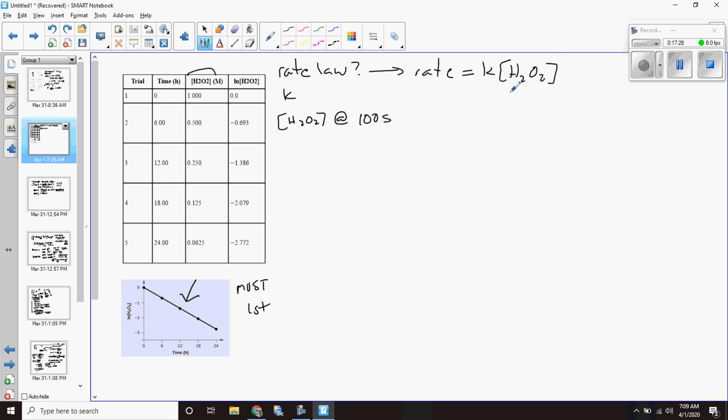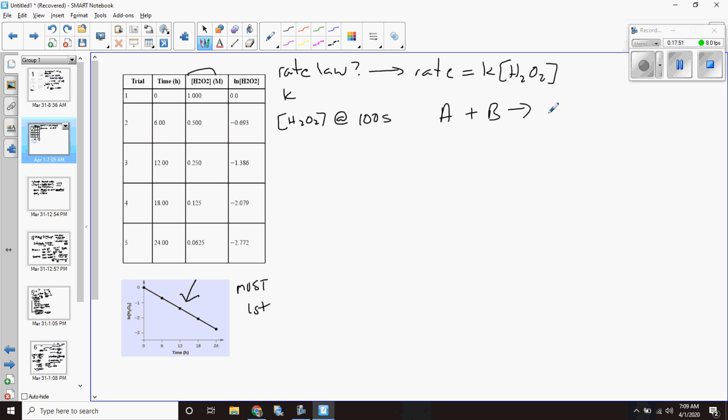concentration of hydrogen peroxide. So if there were actually two ingredients, let's just imagine there's A plus B goes to form something, and they graphed the concentration of A as a function of time, and you got a straight line graph like this. But there were two reactants.